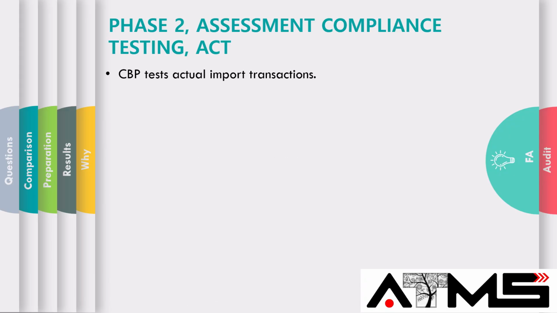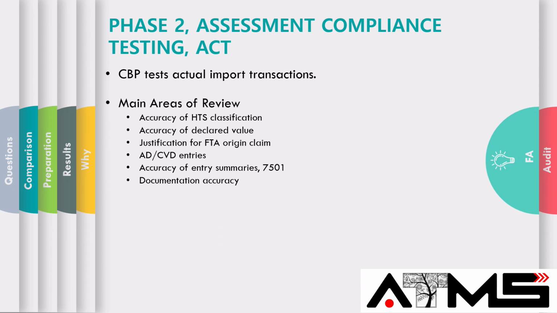If PAS phase 1 finds weak internal control, CBP moves on to the audit of compliance testing, called ACT, in order to validate actual transactions.